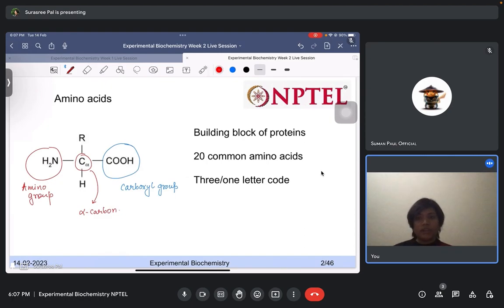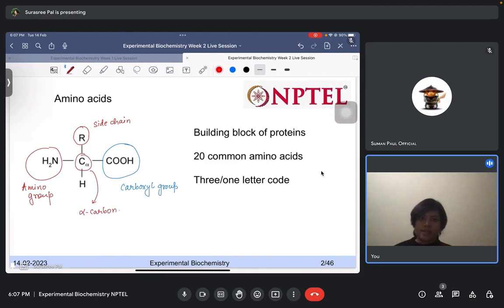So not only do these amino acids have the amino group as well as the carboxyl group, but they also contain one side chain which is denoted by this R. So this is the side chain group.